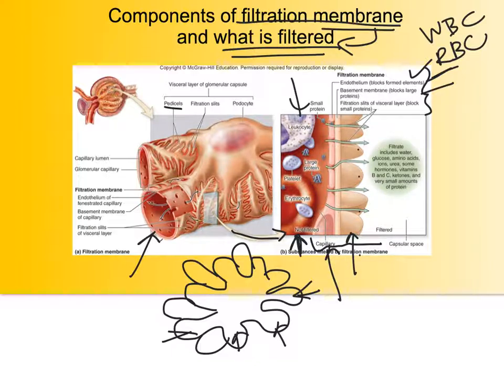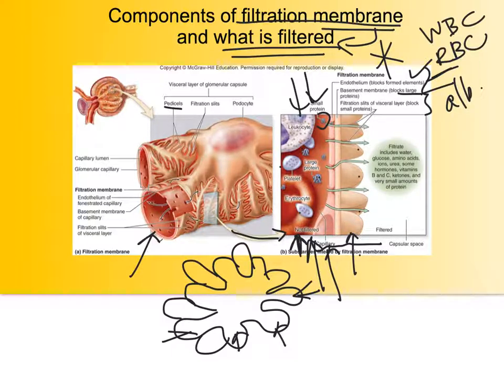Now the basement membrane blocks big proteins. Here are some large proteins, so things like albumin stay in the blood. Then the slits are blocking these small proteins, so these are staying in the blood. What's important is that all of this stuff is staying in the blood.